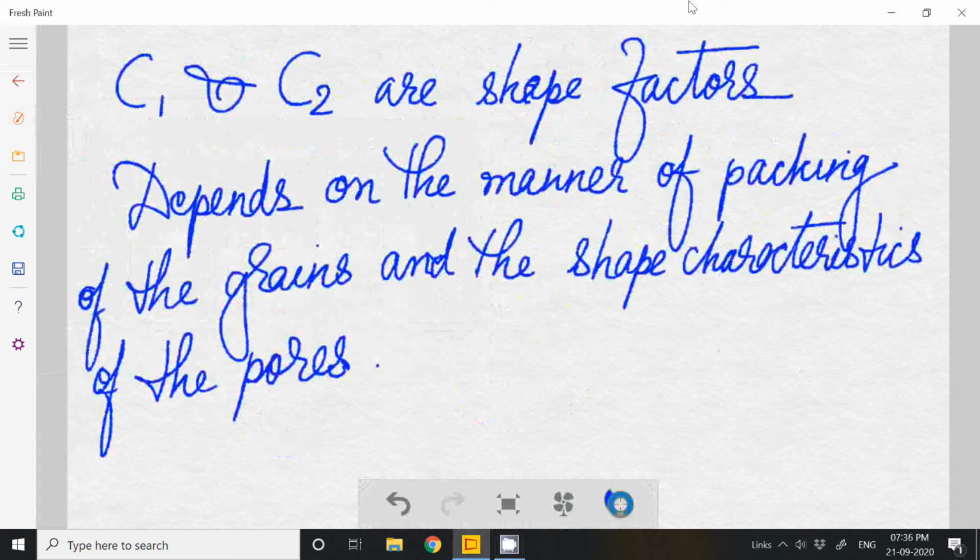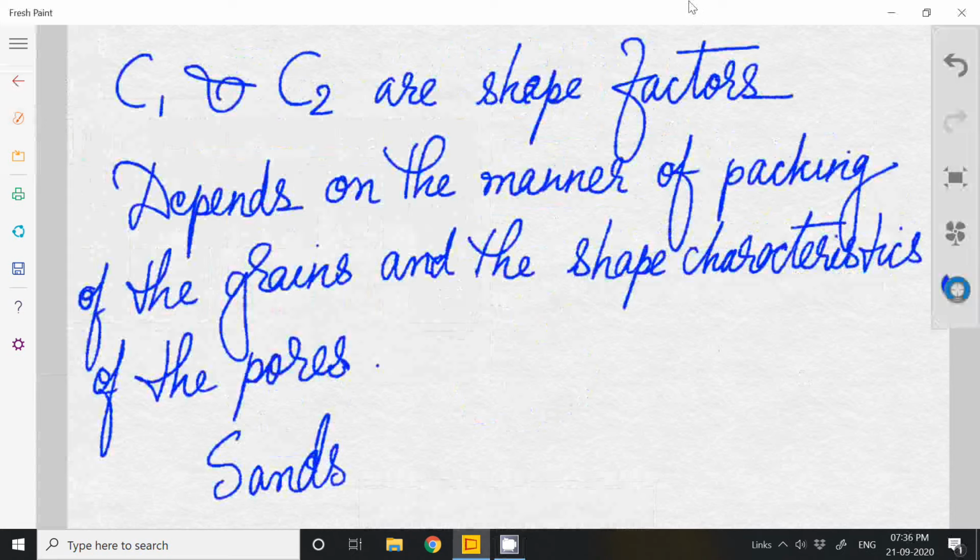Now when we look at sands, sandy soil, the C value does not change much, so C1 will be equal to C2.